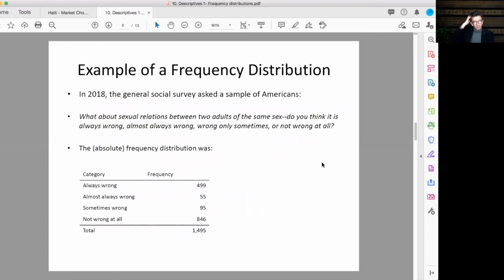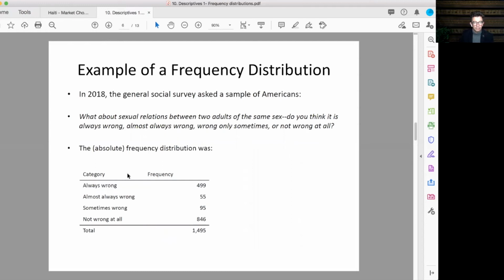For example, here, the General Social Survey asks a sample of Americans whether they think sexual relationship between two adults of the same sex is either always wrong, almost always wrong, wrong only sometimes, or not wrong at all.